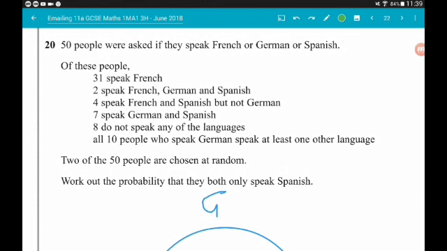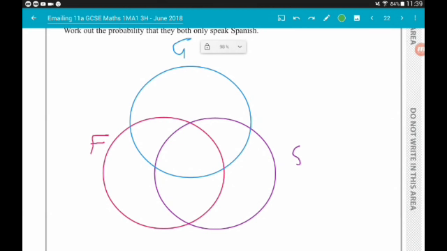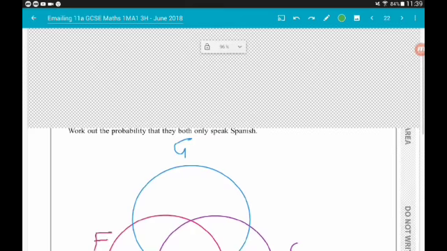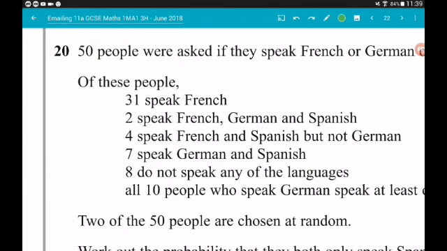We need to process all of this information, so we're going to need a Venn diagram, which is going to look something like that. So what we're going to try and do now is fill in as much of this as we can using the information. So, first of all, 31 people speak French.